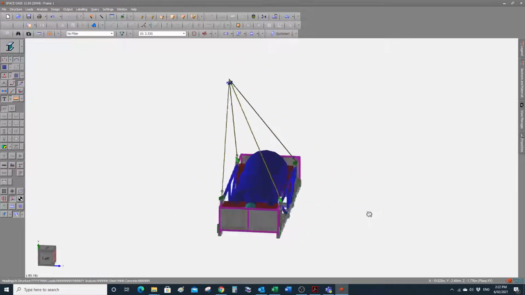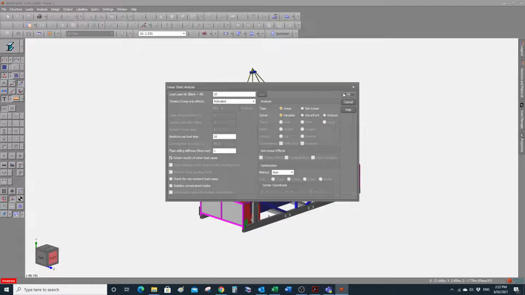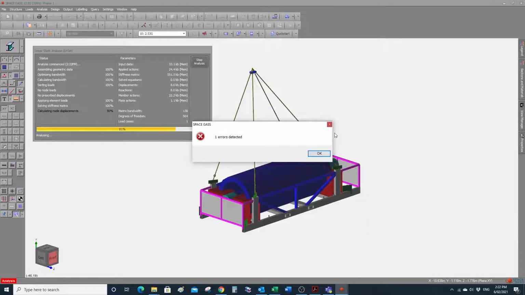This model is not ready for analysis yet, because if I analyze it, it is very under restraint. It will say instability around rotation, whatever, which shows that this is under restrained and I have to restrain it.